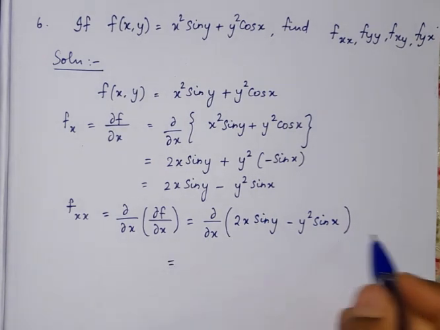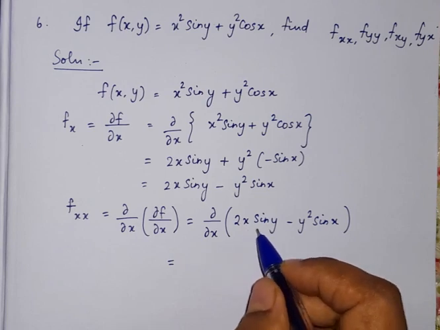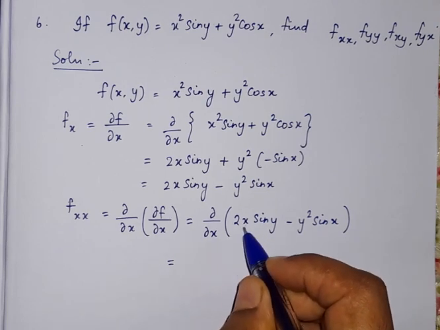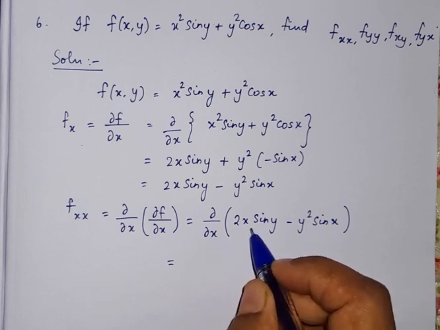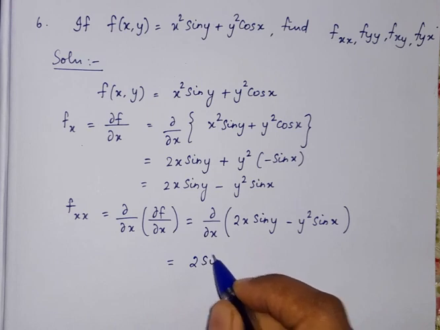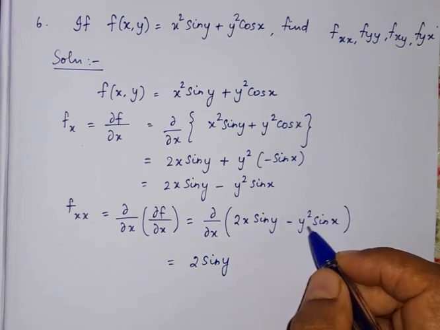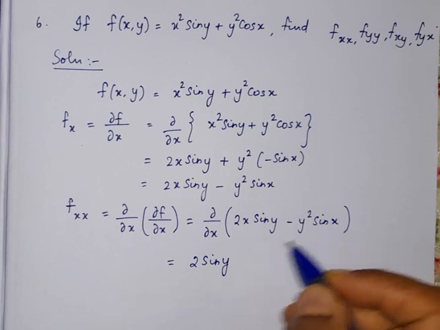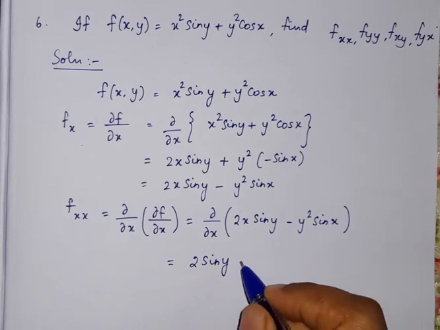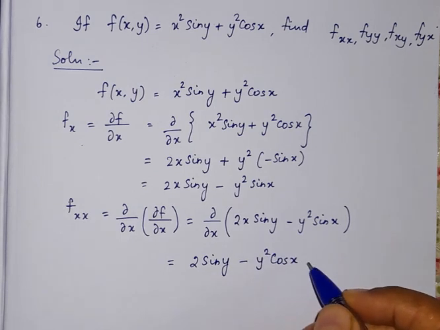Now differentiating this partially with respect to x. So see the first term, in that sin y will be the constant term. When you differentiate 2x with respect to x, you get 2. So 2 into sin y. In the second term, y square will be the constant, and sin x, when differentiated partially with respect to x, gives cos x. You have a minus sign, so minus y square cos x.